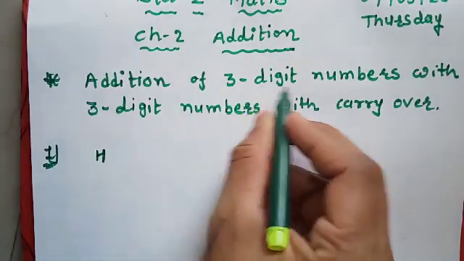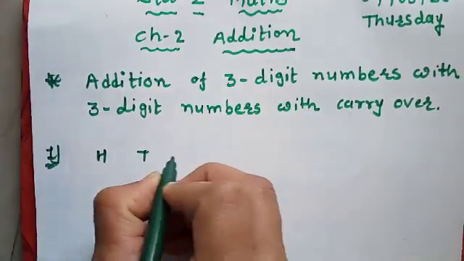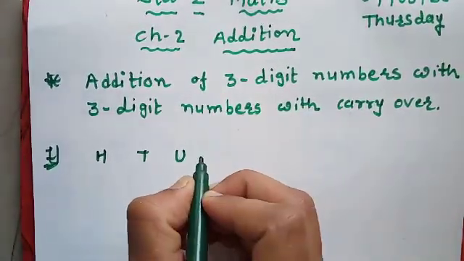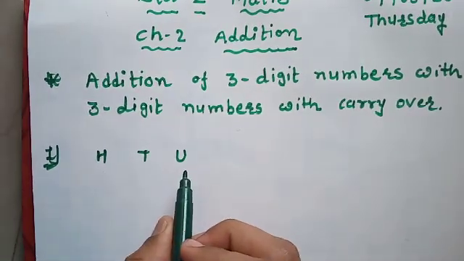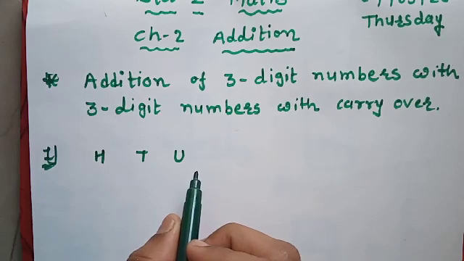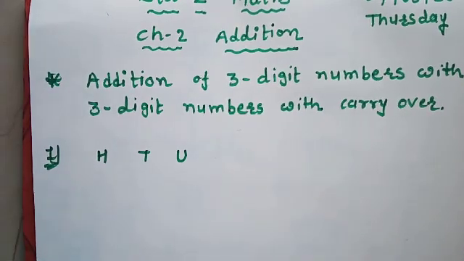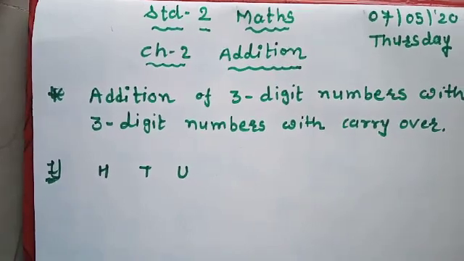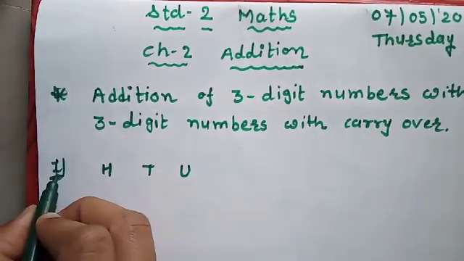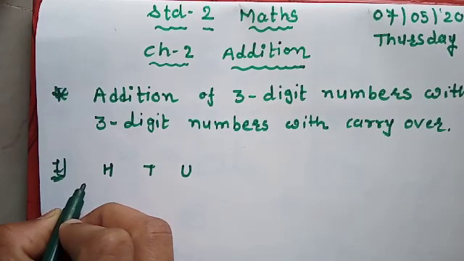It's a 3-digit number, so first we write here hundreds, tens and units, okay? Now while you write this type of sum in a notebook, in the second standard for maths, it's a box notebook, right? So boxes are already given, so after writing the sign, leave one box, right?